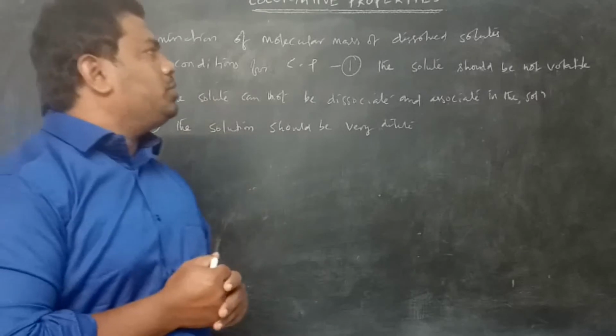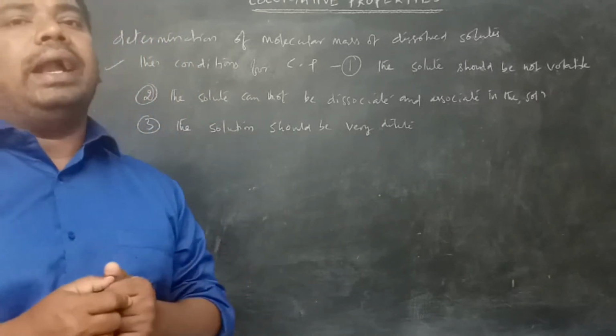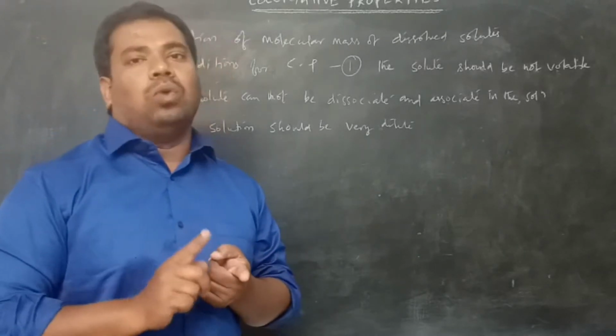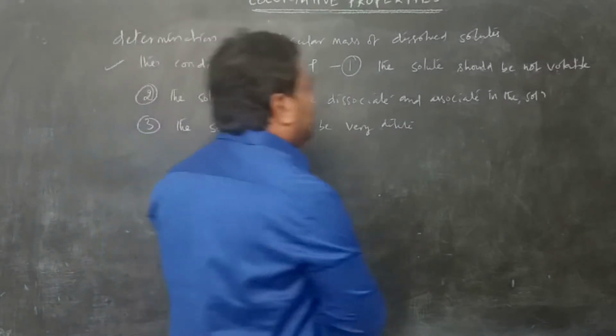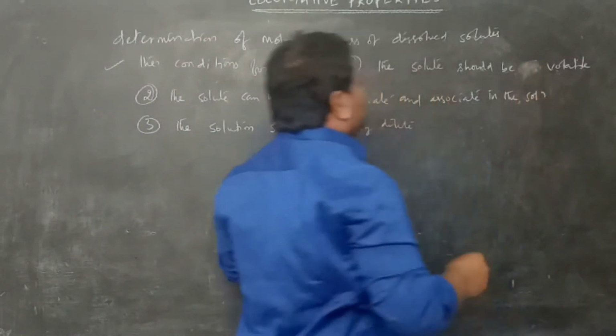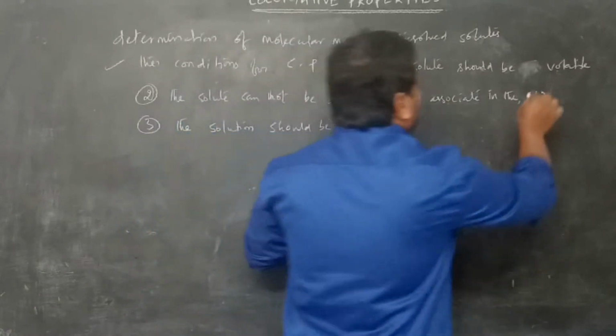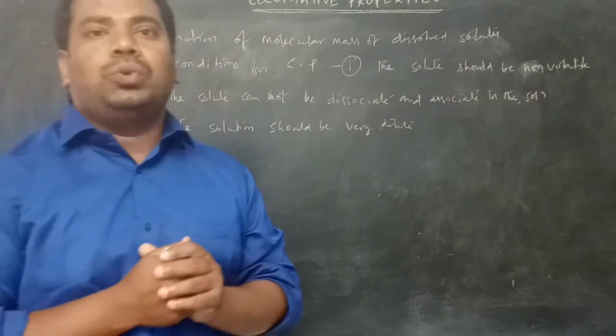The first point is, student, the solute should be non-volatile. Whatever solute we are adding, it should be non-volatile. We have already discussed what non-volatile is. What is non-volatile, students?